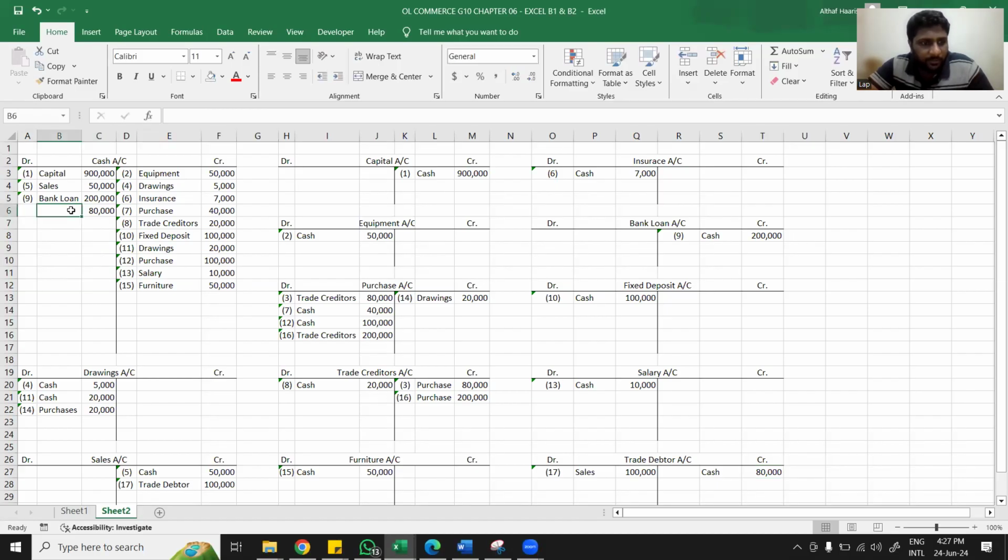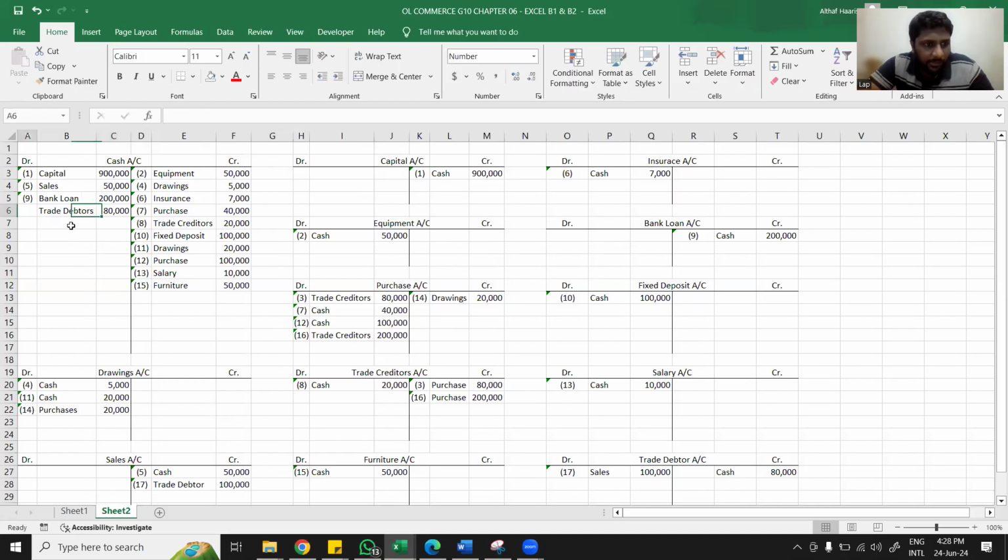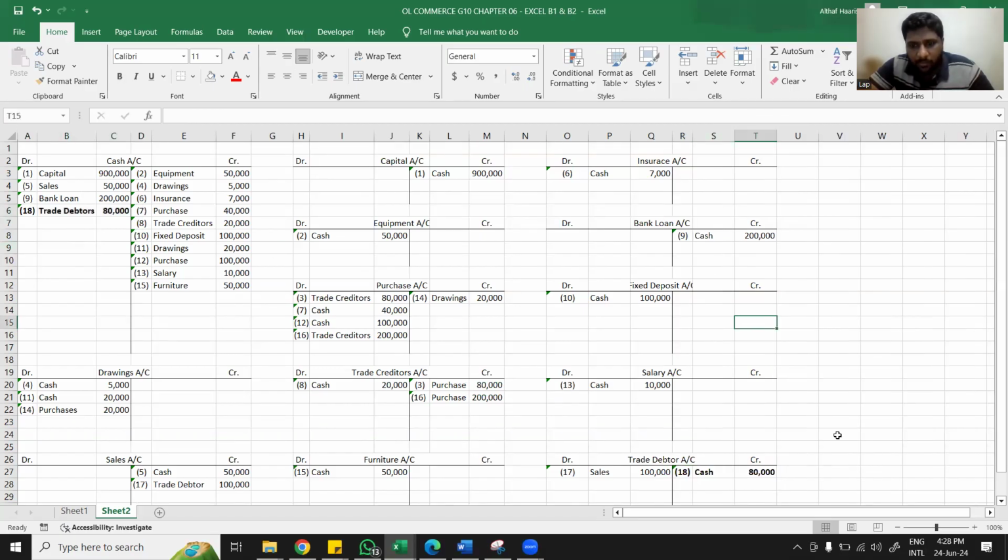Cash, trade debtors. Transaction number 18. Done.